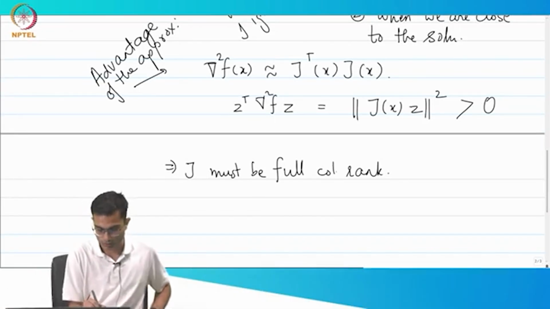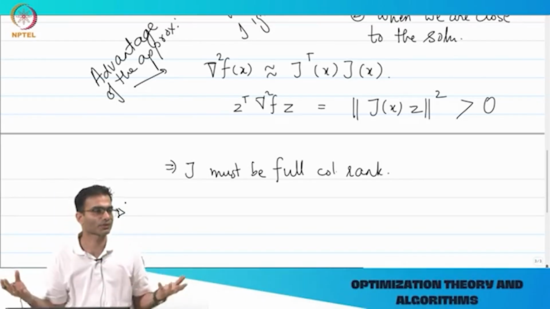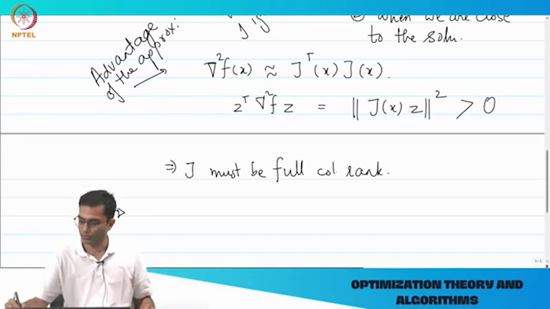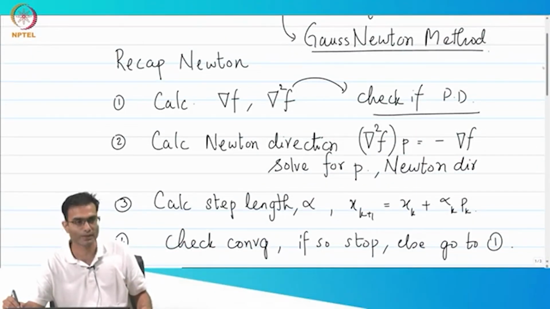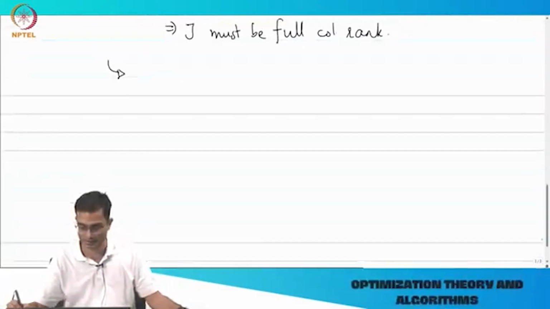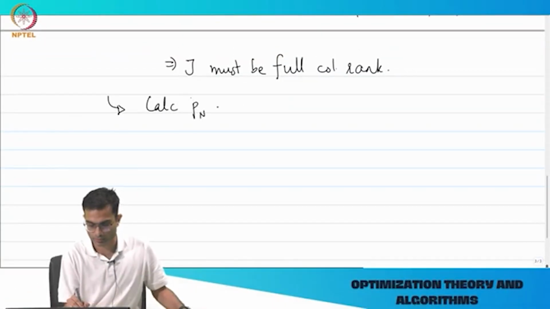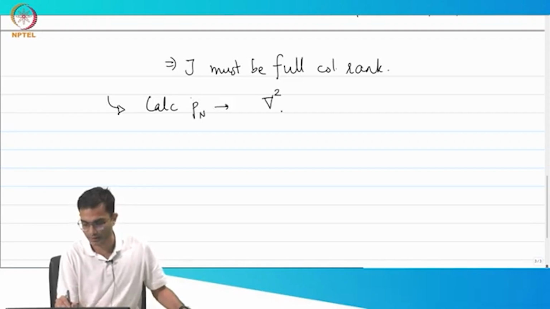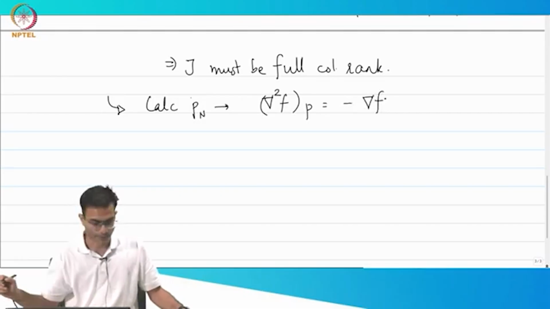So now we'll work out what this Gauss-Newton method is. In the Newton method, step 1 we have done: calculate grad f, del squared f. Next is to calculate the Newton direction. Let's see if this calculation becomes any easier. Calculating p Newton: del squared f into p is equal to minus grad f.